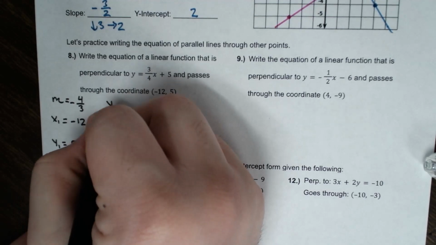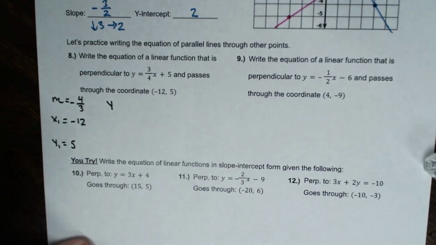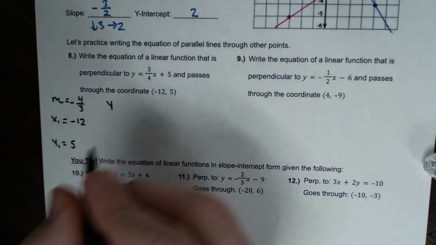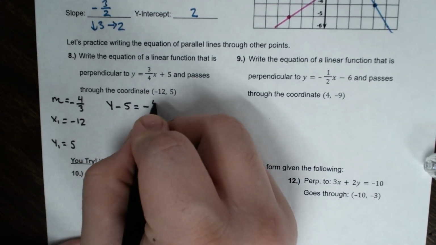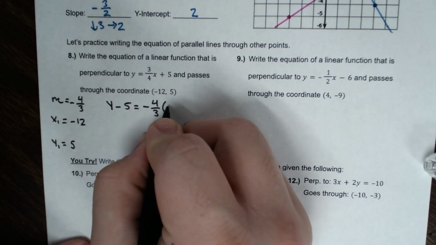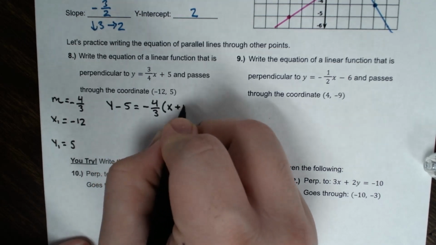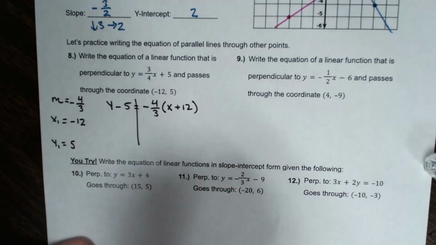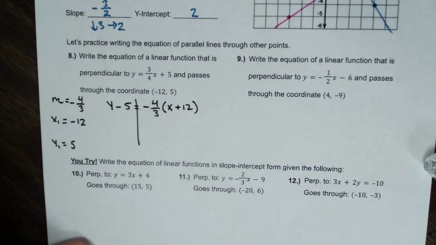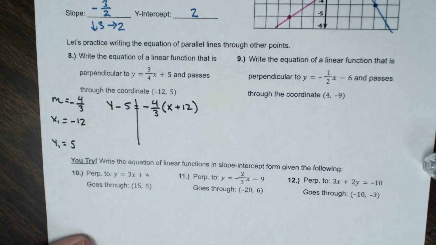So we've got y minus 5 equals negative 4/3 times x plus 12. That sound okay? Y'all stop me. Do we have any questions about how I set that up?